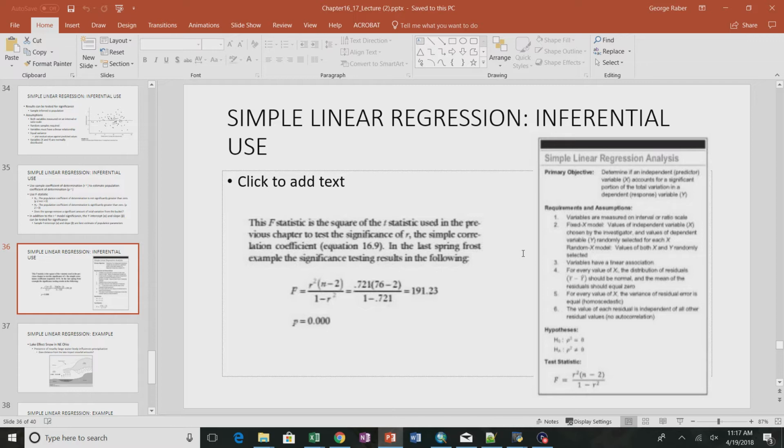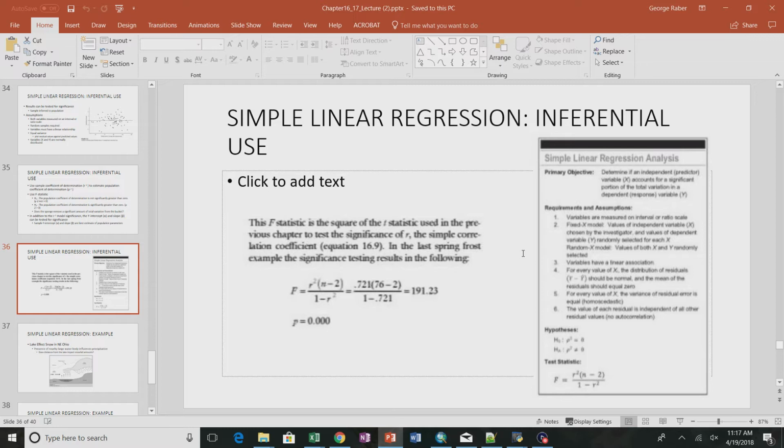So one way that you can get that value is to take the R squared value and basically just rearrange this so that it's got the R squared value times n minus 2, divided by 1 minus R squared. So that ratio will give you a value on the F statistic.